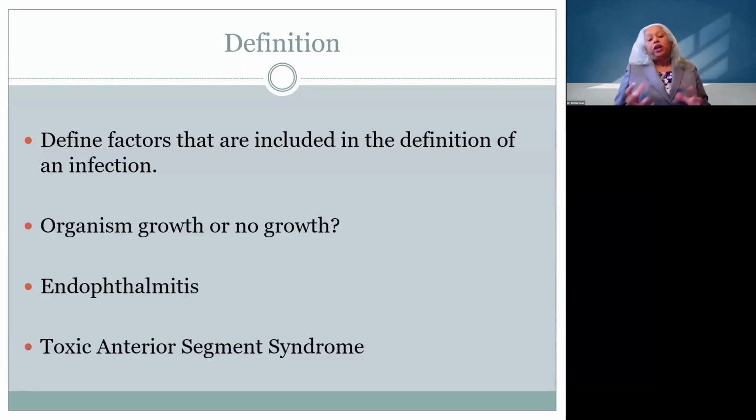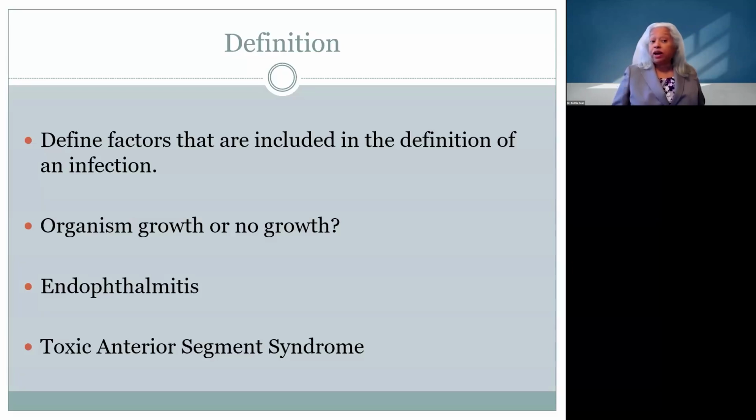All right, when you have an infection, the very first thing you need to do is to create a definition of what cases you're going to include as an infection. And so that 66% of you already knew that sometimes you may have either infective processes or inflammatory processes that mimic infections.